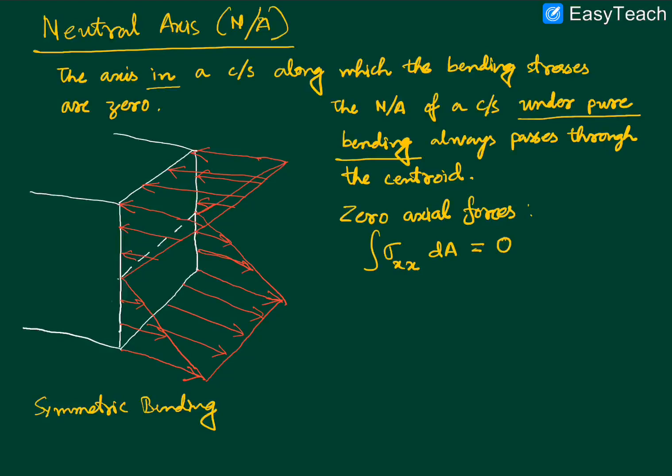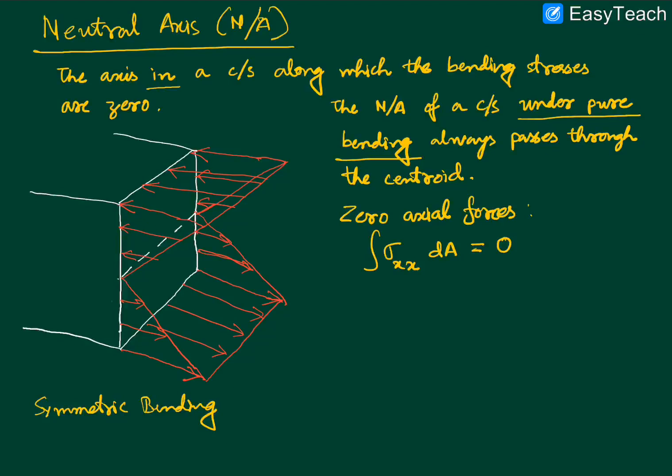Now it will be fairly easy for us to understand what we have just written if we quickly refer to the diagram on our left. So that is this diagram. But the good thing about this statement is that it will be true even if we consider unsymmetric bending. But first let us understand it here.